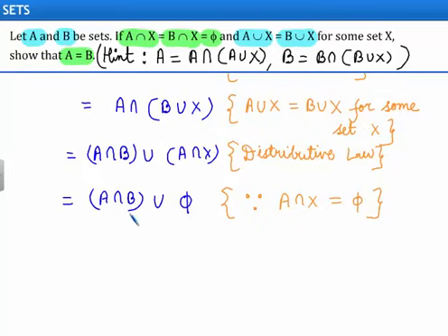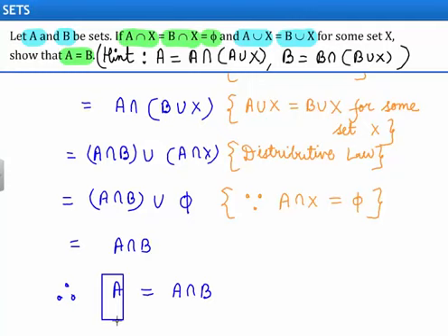And A intersection B union the empty set will be equal to A intersection B. Therefore, we obtain set A is equal to A intersection B. And we name this as 1.